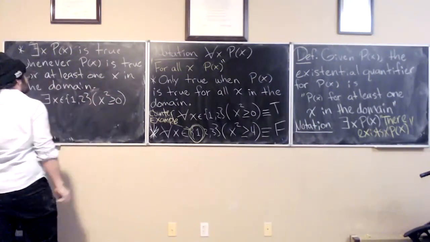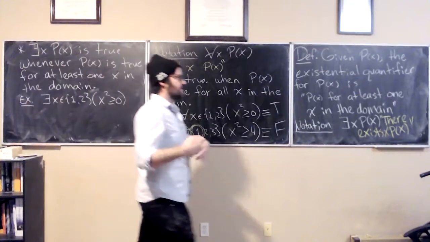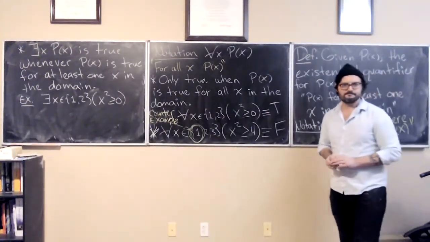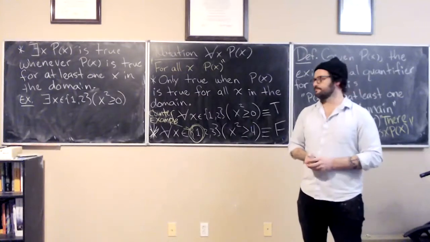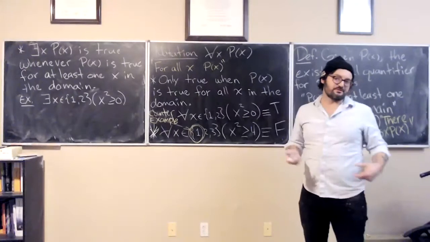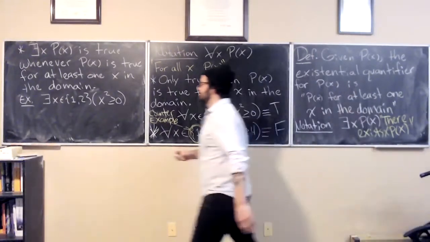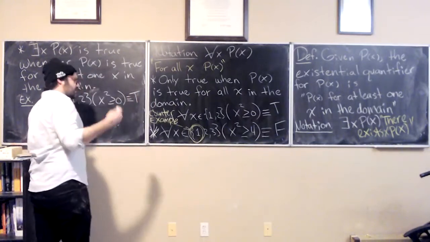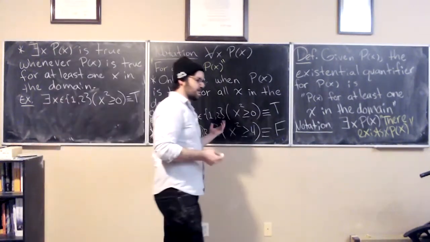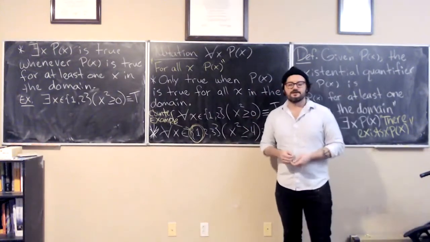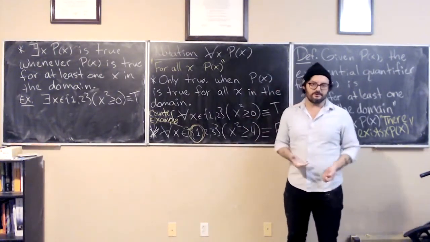So is that existential quantifier on that domain and that propositional function true? Yes. It's true for all of them, but it's true for at least one, right? So something to note is that if the universal quantifier applied to a domain and propositional function is true, then the existential surely is as well.